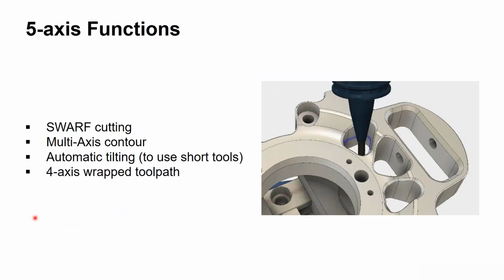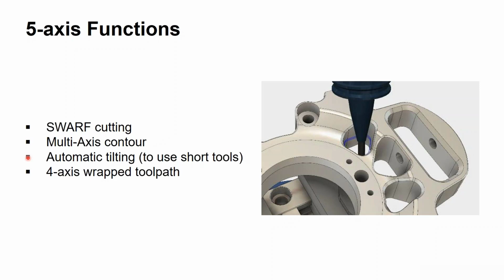For the 5-axis functionality, we have a swarf cutting strategy, and that is when the tool is machining the whole length of the surface with the side of the milling tool. We have multi-axis contour machining, and also we have automatic tilting for the rotary axis.